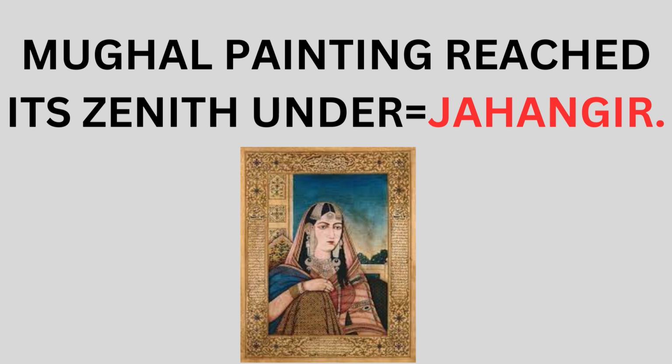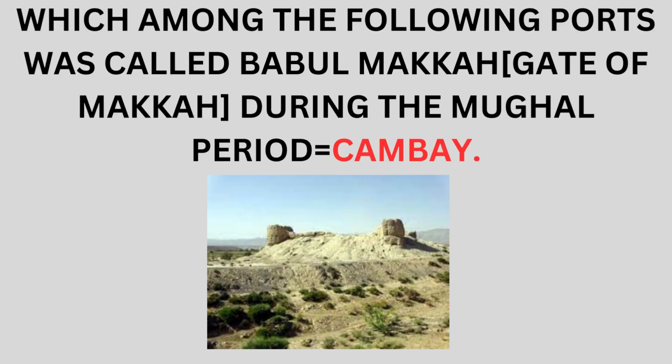So Mughal painting was much extended and splendid during Jahangir's time period. And which among the following ports was called Babul Makkah or Gate of Makkah during the Mughal period? So Kembe was called the Gate of Makkah.